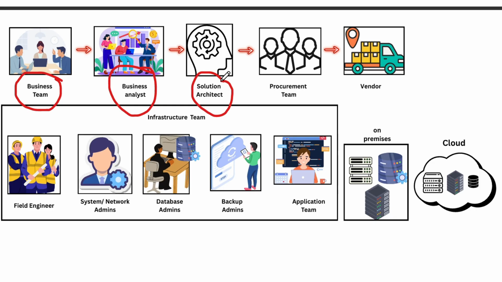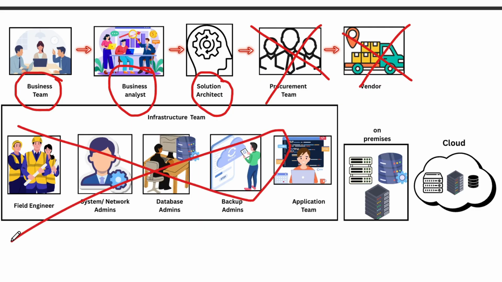After that, listen, there is no need of a procurement team, no need of a vendor, no need of any of these teams, and no need of on premises also. Why? Because we are moving to the cloud, right?